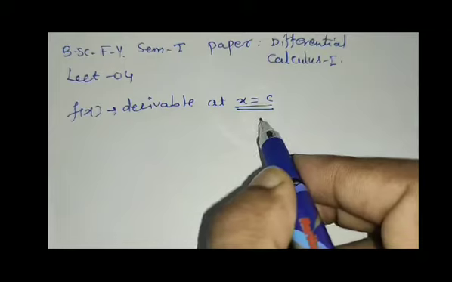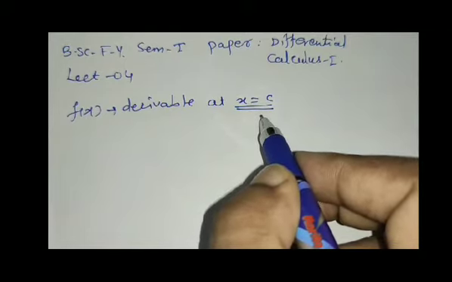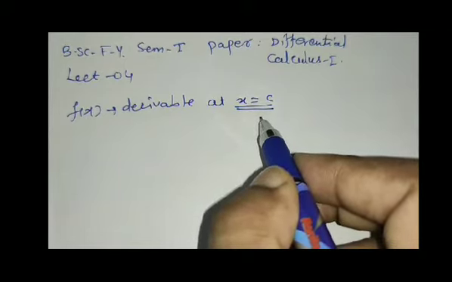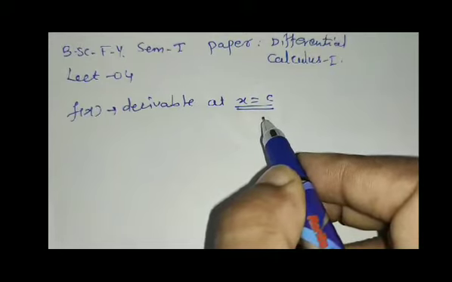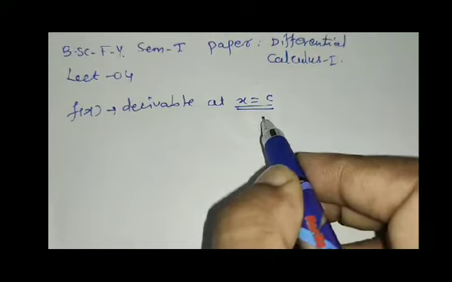In 12th standard, we discussed what is meant by continuity at a point and derivability at a point, but here we just revise it.